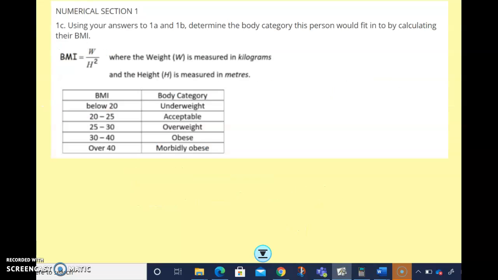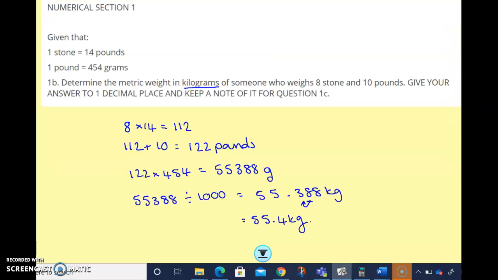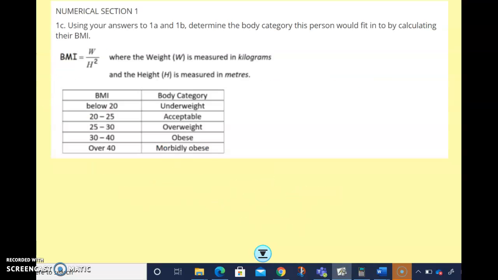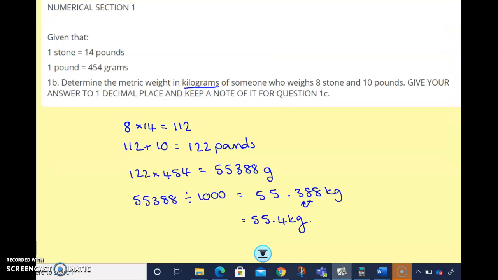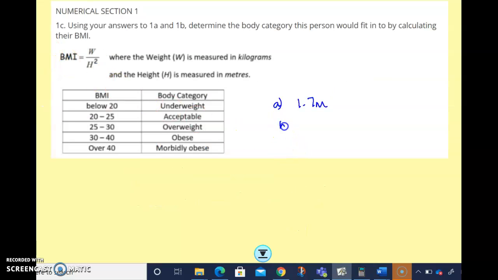Okay, and the whole point of doing this is so we can work out our BMI. And we need our answers. So answer A is 1.7 metres. Answer B was 55.4. BMI then is weight over height squared, which is 55.4 divided by 1.7 squared.